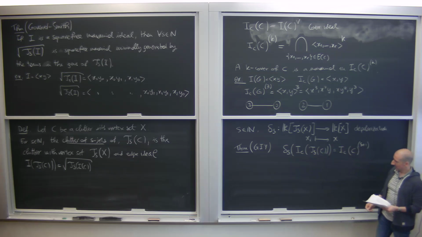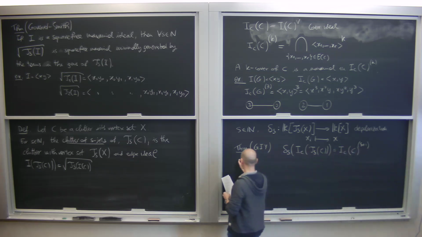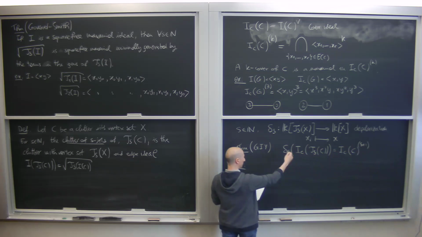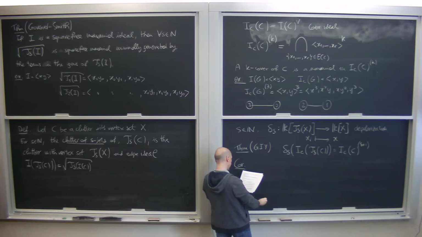All right. I will just give you a little corollary of this that hopefully will make it a little more tangible. As a result of this map, if you restrict it to minimal generators, it will give you a bijection.